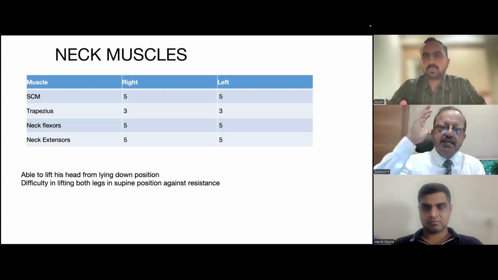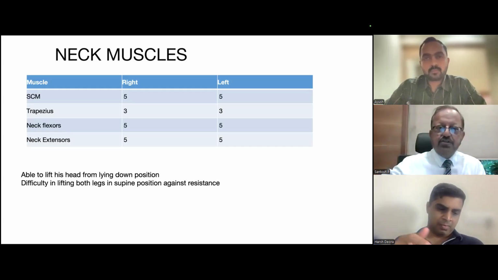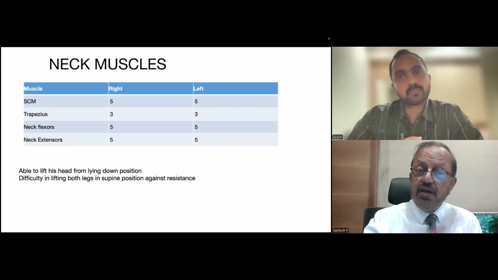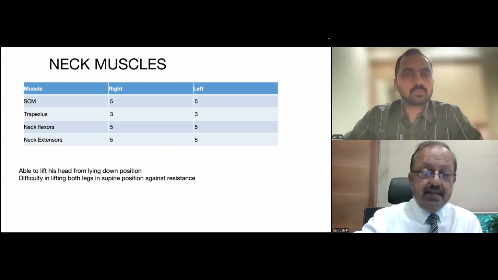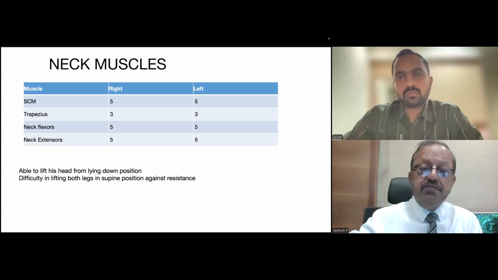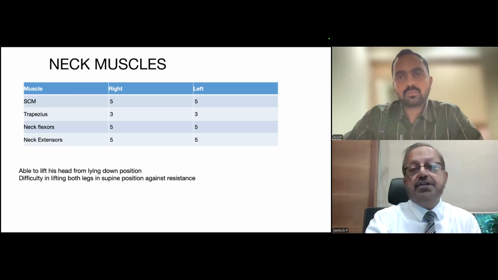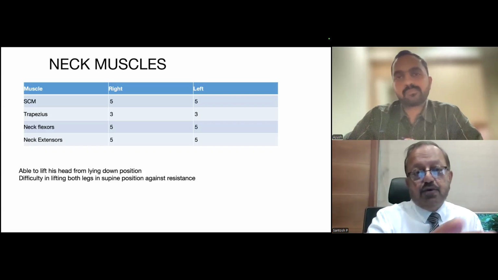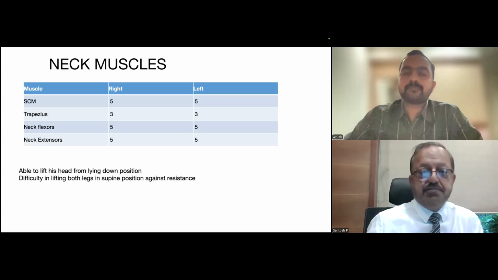From the history, you should be able to know the vertical and horizontal extent, and only confirm it by examination. Another thing is, an examination will rarely tell you the etiology of the pathology. The history is the only thing which will give you the etiology of the condition.